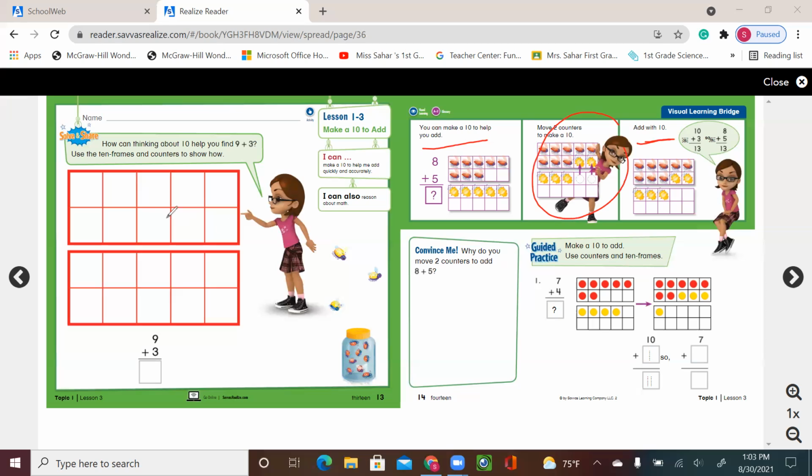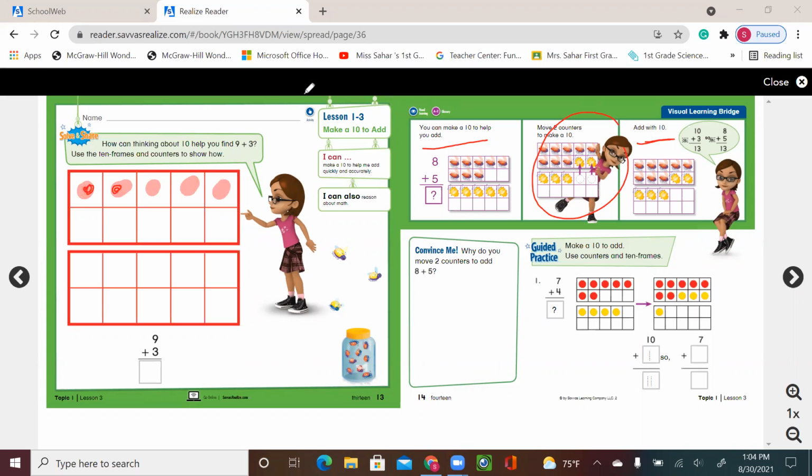All right. Let's go back here to page 13 and let's answer that question. How can thinking about 10 help you to find 9 plus 3? So first, let's fill our 10 frames with 9 counters. So 1, 2, 3, 4, 5.